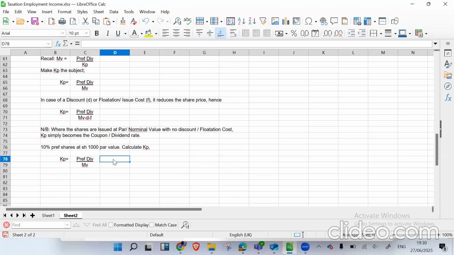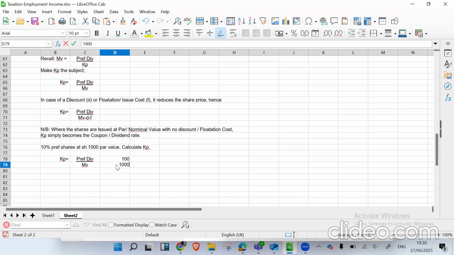When you look at it, dividends are always paid on par value. So preference dividends equals 10% times 1,000. That will be the dividends, and the market value, they're being issued at par.